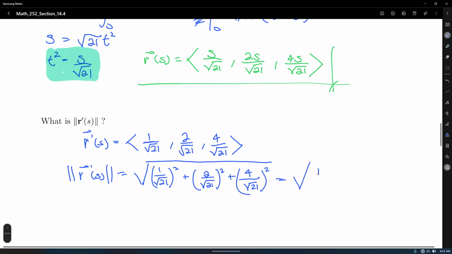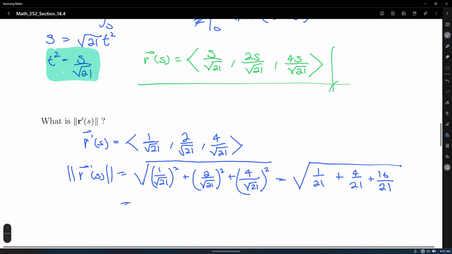So 1 squared is 1 over 21, plus 2 squared, which is 4 over 21, and 4 squared, which is 16 over the square root of 21 squared, which is also 21.